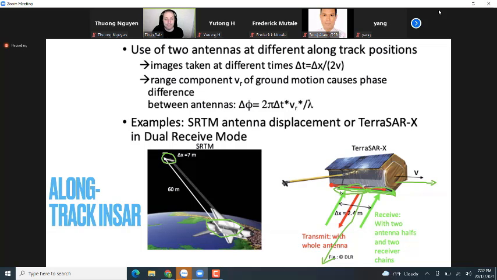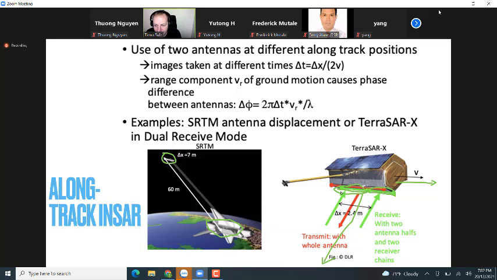And that's, for example, fast-moving cars. Right? Fast-moving cars going around on the street. They're moving, and even in that short time difference, depending on their speed, they are moving probably a millimeter. That would cause a phase difference that we can measure in that along-track interferometry.